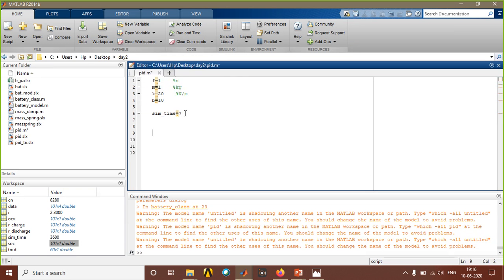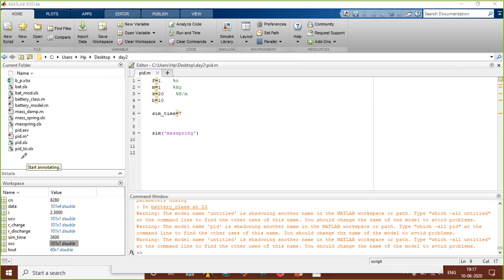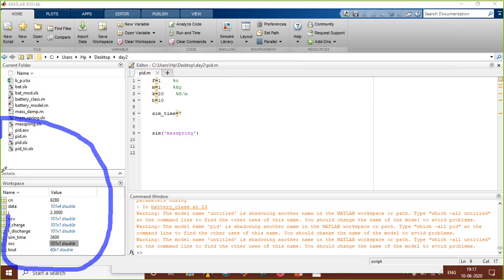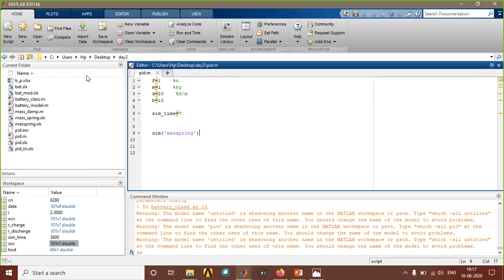Very good. So sim open bracket mass spring close bracket. Fine. If you are missing any input, it is going to tell you unknown variable. Guys, see here, all our previous data are here. Battery model, everything is here. In order to get rid of this, what am I supposed to use, because those things will create a mess.